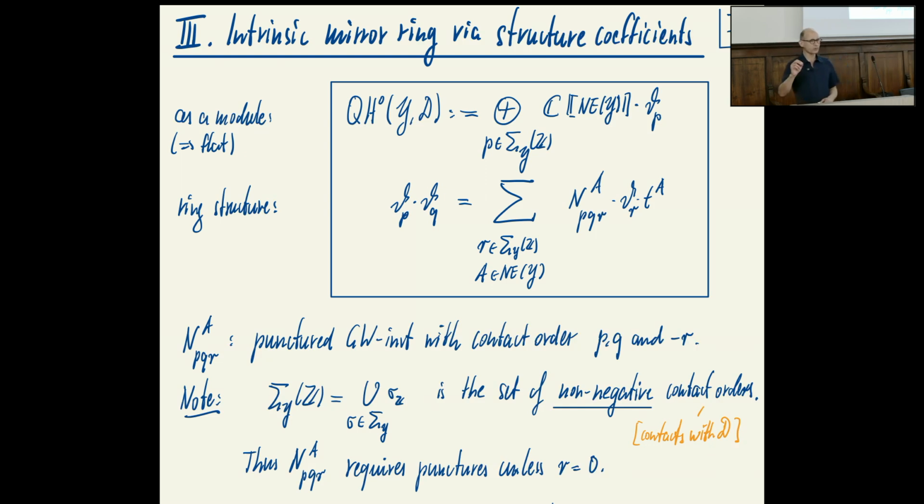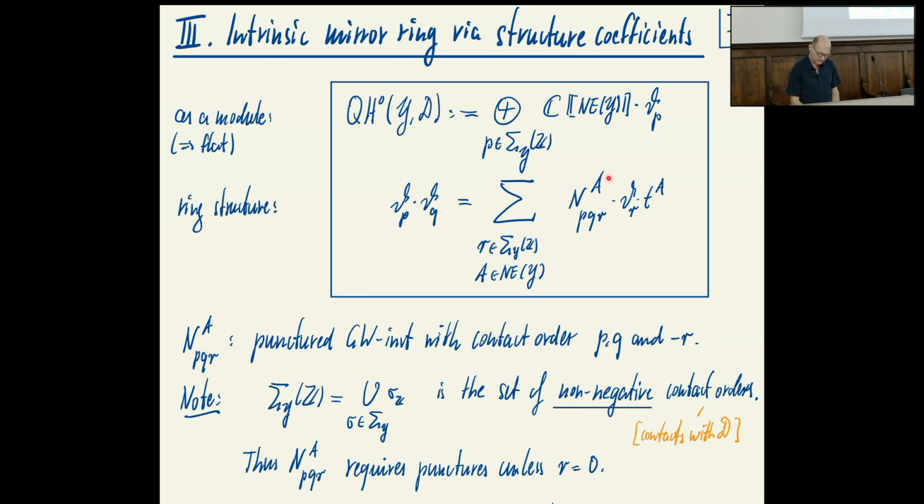So any integral point in this dual intersection complex will be a positive contact order. So there is a punctured Gromov-Witten invariant with contact orders P, Q, and then not R, but minus R. It has to do with the fact that you want 2 inputs, 1 output. It might be confusing, but you will see it has to be like this.